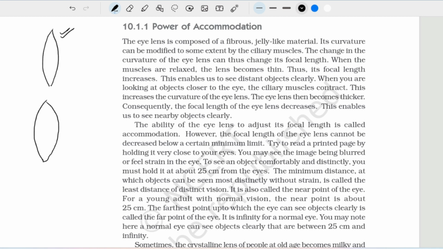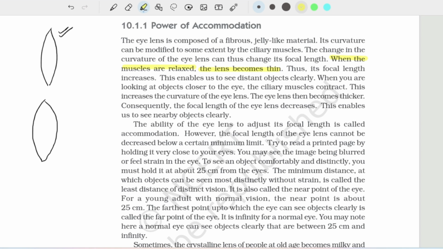Thus its focal length increases when the muscles are relaxed and the lens becomes thin. This is important: when the muscles are relaxed, the lens is thin. Now, if the lens is thin, the focal length will be longer.